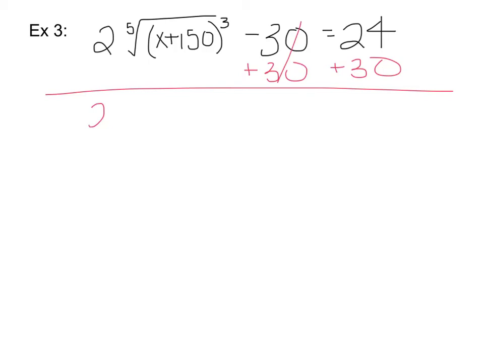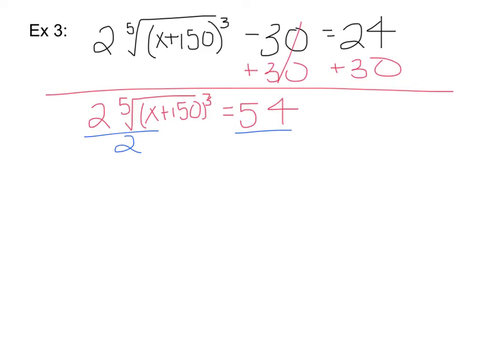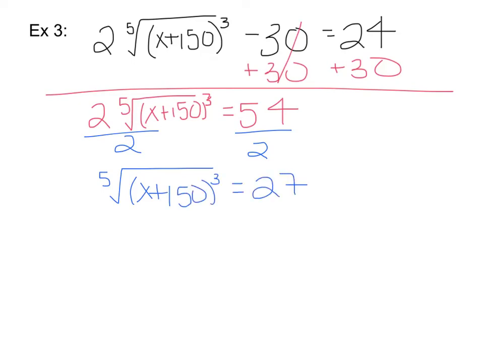So that gives me 2 times the 5th root of x plus 150 to the 3rd power equals 54. Now to get rid of the 2 out in front, we divide both sides by 2, so that gives me the 5th root of x plus 150 to the 3rd power equals 27.